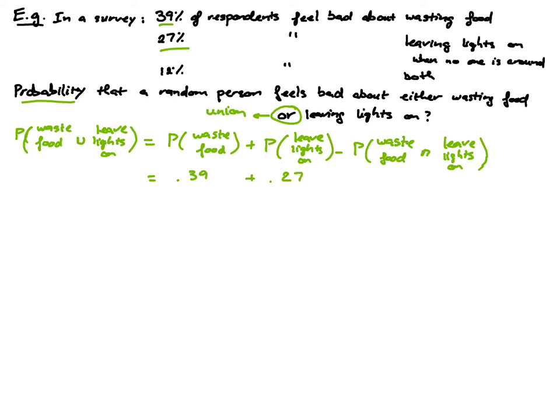And then the probability of the intersection, remember that the intersection means and, right? So feeling bad about both. According to the original problem, that probability is 12%. So if you work out the math here, you're going to have the probability of wasting food union with leaving lights on of 0.54.